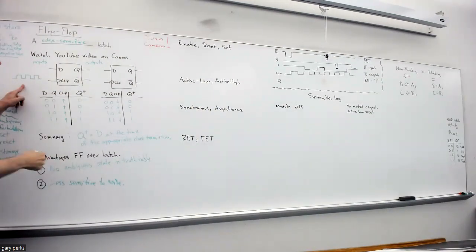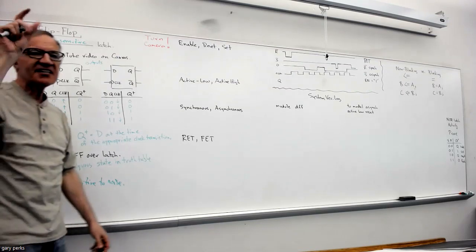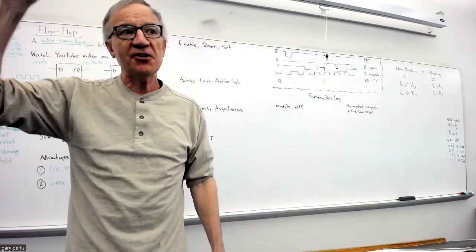But you can connect any square wave to a clock input. It doesn't have to be periodic. Like I could have a very short pulse and then wait a long time and then have a long period where it's one. All right, so it doesn't have to be periodic, but a lot of times it is. And technically that's what the term clock in digital circuits means. It means a periodic square wave.